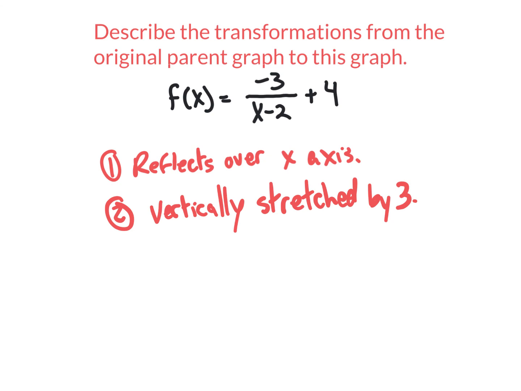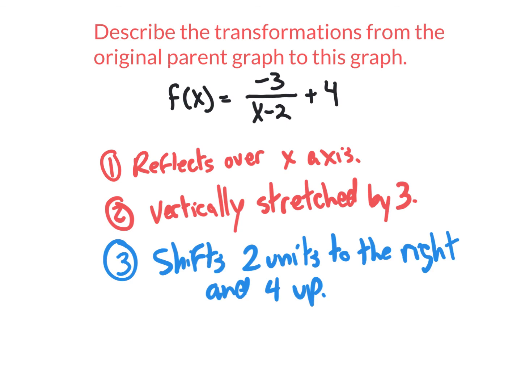And that's your second transformation. And obviously, your third transformation are your shifts, that it shifts 2 units to the right and 4 up. Okay, and that's based off of your H and K. And like always, think opposite on H and take K for what it is. So with that said, we have covered pretty much every topic that will be on tomorrow's quiz.